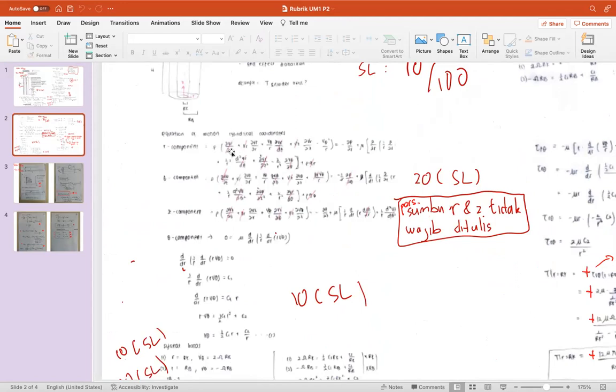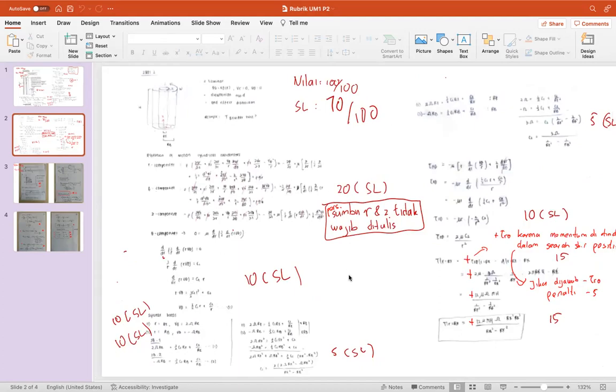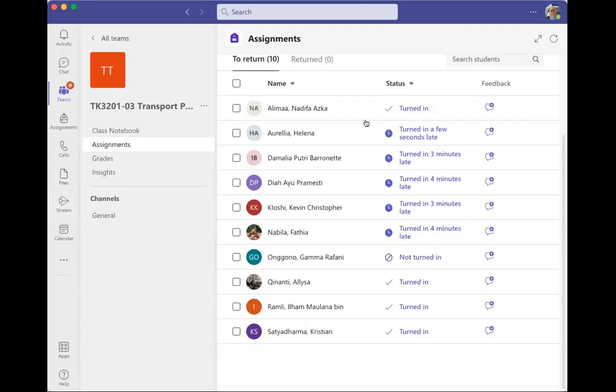You will have a lot of equations like this, and you have to eliminate which one is right or not, and then you get the real equation. But later on we will try to solve this type of equation after we finish the equation of change. Okay, now I will quickly open your quiz, so I can give you feedback.